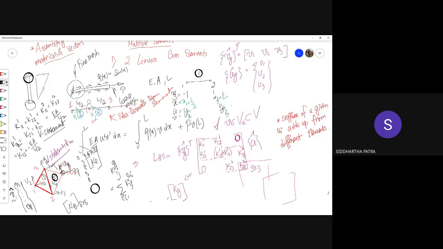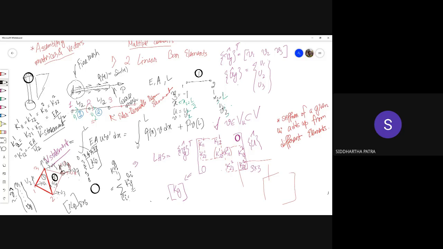If certain indices are not present in the element stiffness matrix of a given element, then we'd assume the corresponding term is 0.